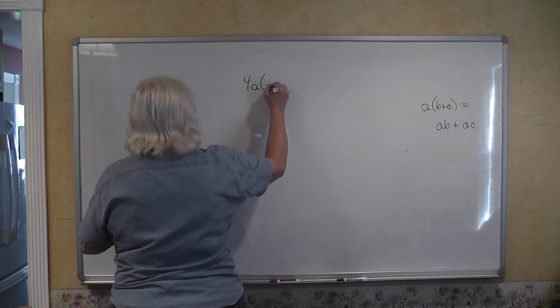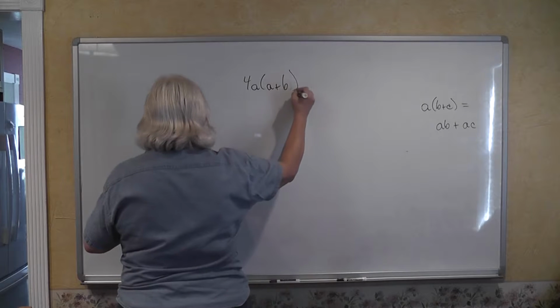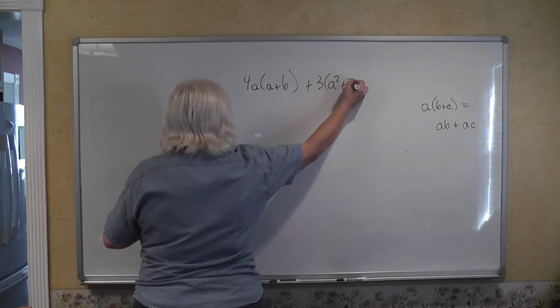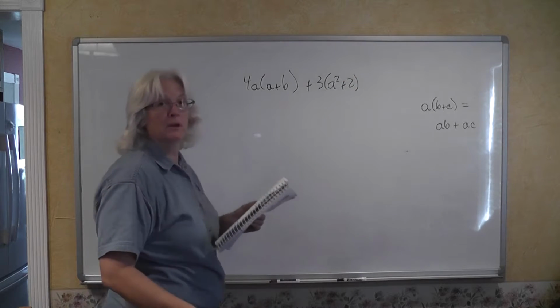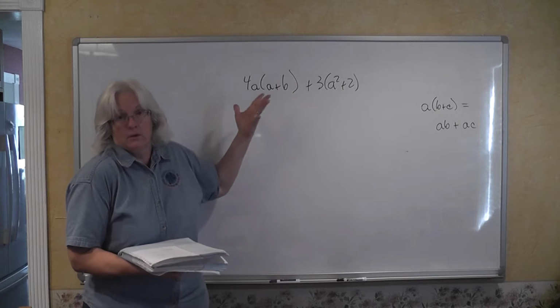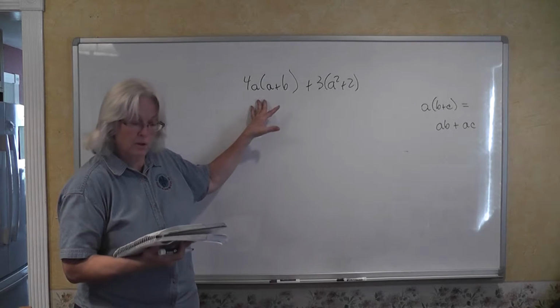4a times the quantity a plus b plus 3 times the quantity a squared plus 2. And I want to check that this is the example we have in your book, even though I could just make up a problem and it would still work.